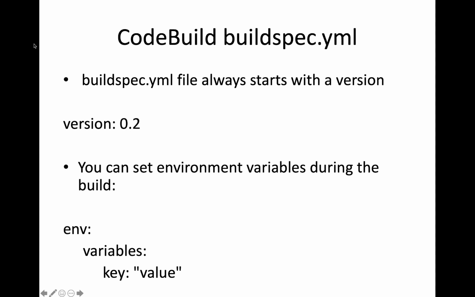Your build tooling oftentimes will look for specific environment variables to pull out values that are required during the build process. So you can create an env section and then have a list of variables that you define, each of which has a key and then a specified value.